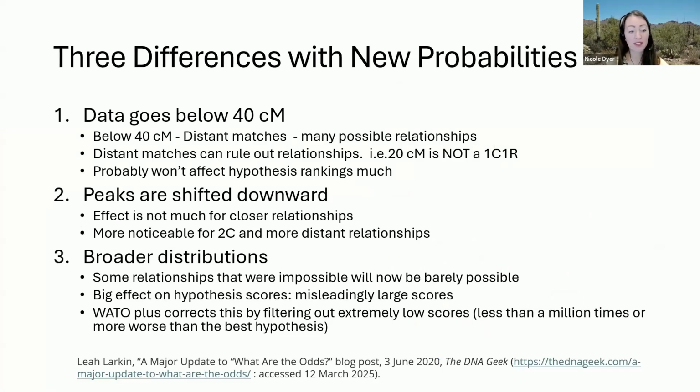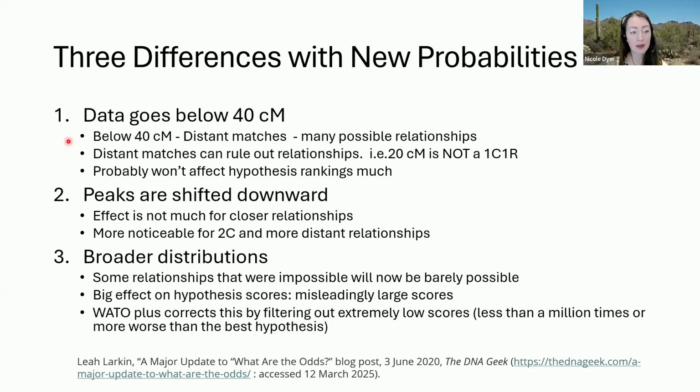The three main differences that Leah points out in her next blog post that I drew from, a major update to the What Are the Odds tool, she points out the three differences, and she says that the data goes below 40 centimorgans, which we already kind of mentioned, and this means that you're going to have a little bit higher confidence using smaller matches, but it probably won't affect the hypothesis rankings much.